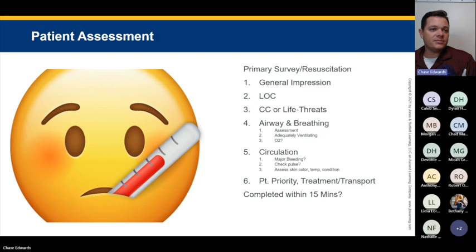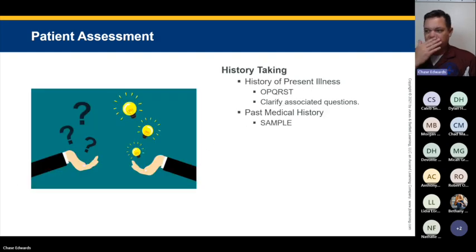And awesome. The next step would be history taking. Right. And since there's no pain involved, there's no need for the OPQRST, right? You can. There's still some answers you can get from it. Usually I use it for pain, but you can get it from your SAMPLE history as well.